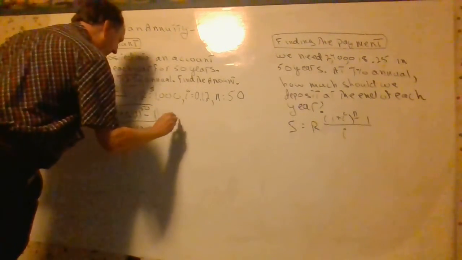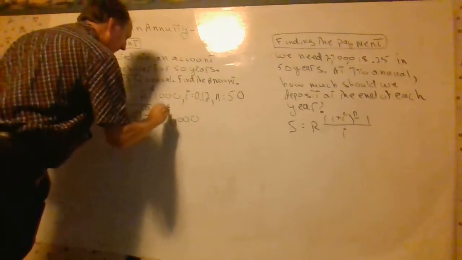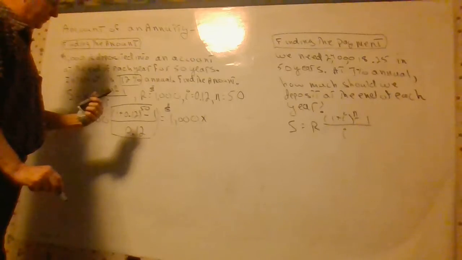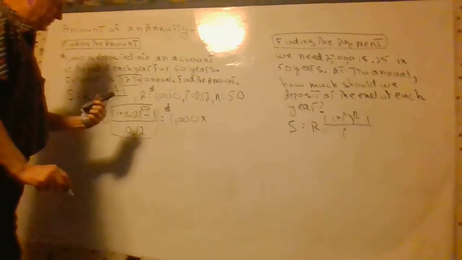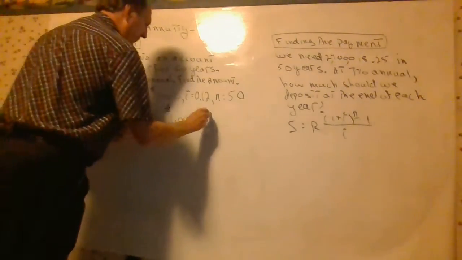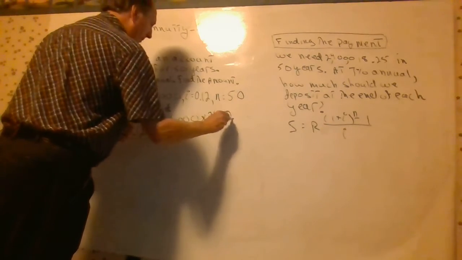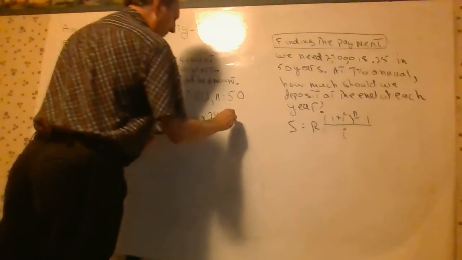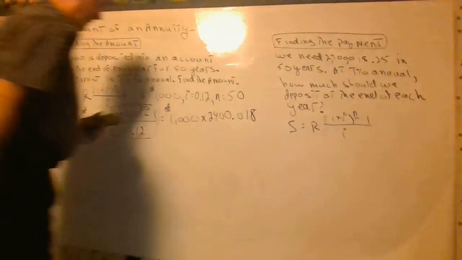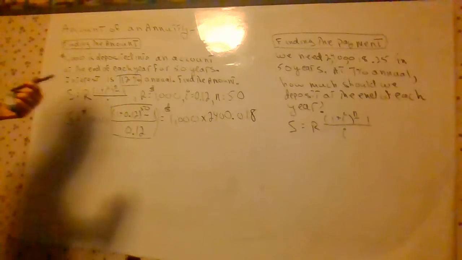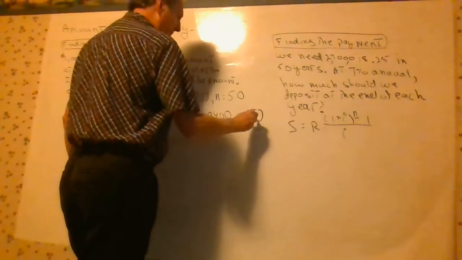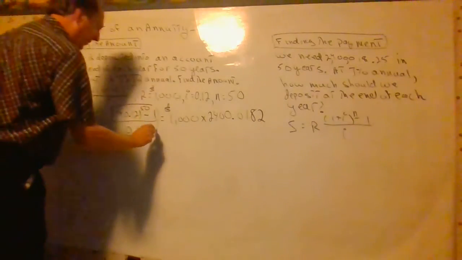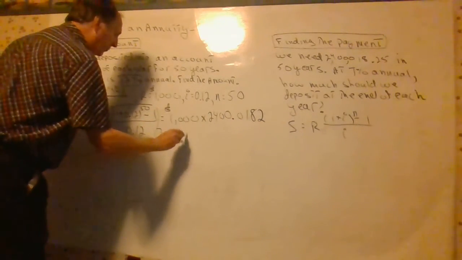Well, we can replace this as 1,000 times, I end up with 2400 or 0.018. Okay, now the calculator steps for this are 1.12.